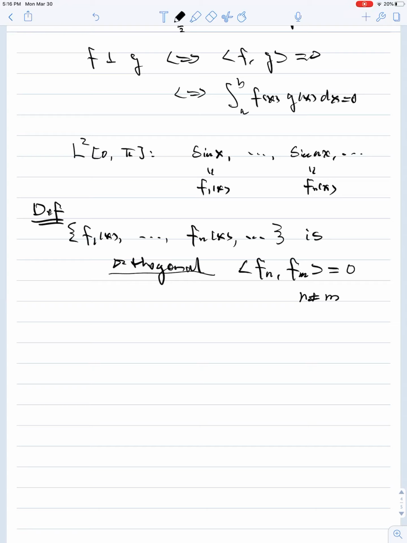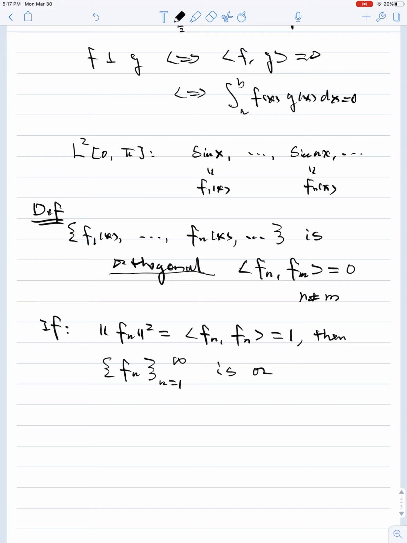Now, the norm squared of these vectors is the inner product of fn with itself. So when n is m, this is the norm squared. If furthermore this norm is 1, then we say that fn, where n runs from 1 to infinity, is orthonormal.